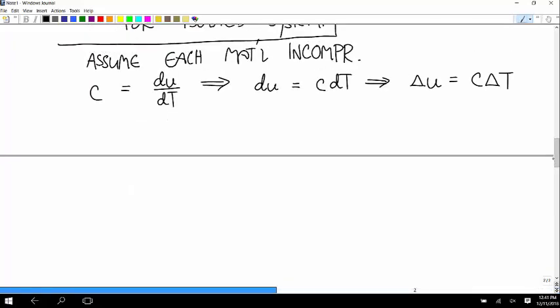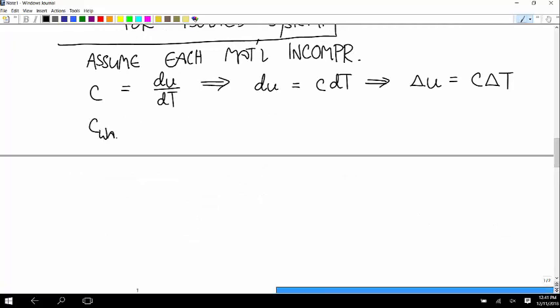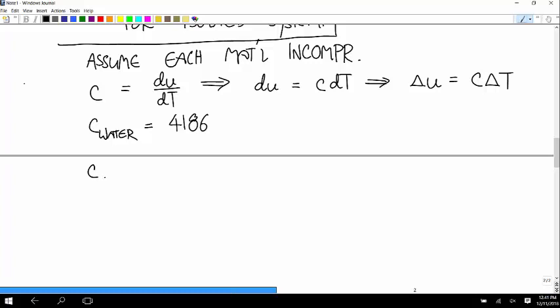Well, now we have to know the specific heats for each of these three materials. For liquid water, in SI units, it's 4186. For steel, I don't know what that is. I don't know what it is for aluminum. But those are just things you can Google.